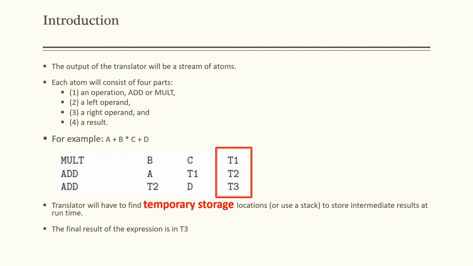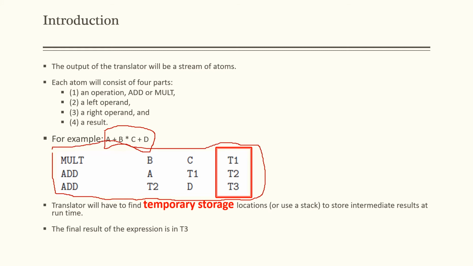For example, in this case, I have an operation A plus B times C plus D. So the question will ask you what will be the output atoms of this particular operation. The output atoms are the operations done in the computer system, including the memory allocations.